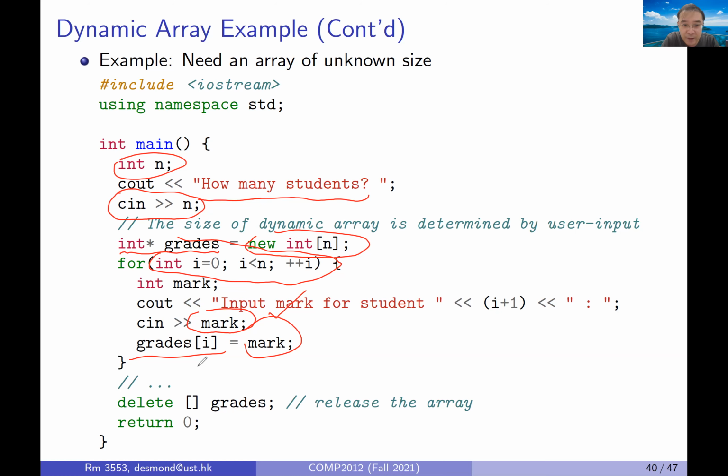Okay, and then do something else here. I don't know. Let's assume you may compute the average, you may compute the standard deviation, I don't know. And suppose this is done, and then that's the time to delete the array. Remember, delete the array, right? Delete square bracket. And put the guy who knows the address of the poor guy. Grace. Mission complete. Okay?